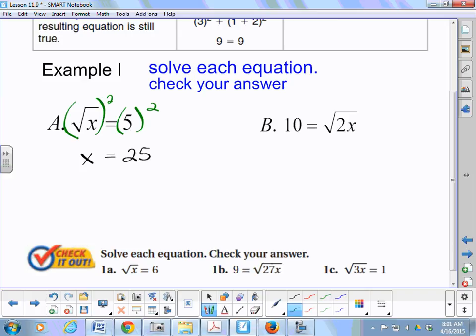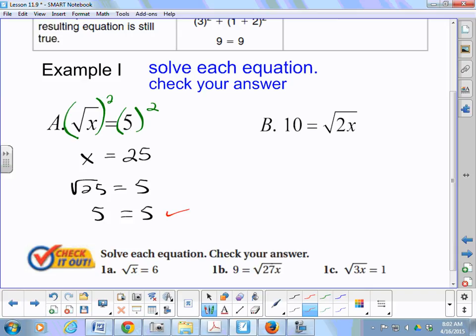I am going to expect that you do on quiz and test. So square root of 25, does that equal 5? Those are both the same, so it checks. You have not completely checked your answer unless both sides of the equal sign are the same. That's going to be very important as we move farther into this.